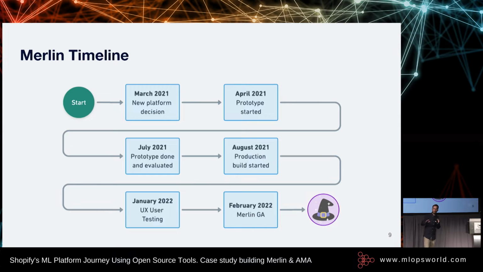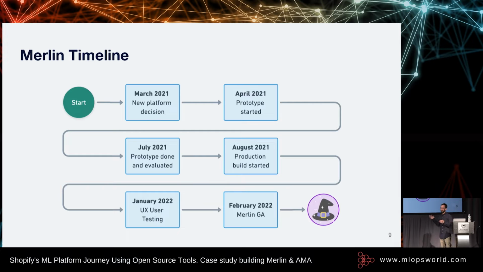Now, you see here the timeline and the journey, but obviously the work is never done. We do recognize that there are still gaps between what we want to have at the end and what we built, but it is production ready and users start to use it with real use cases.